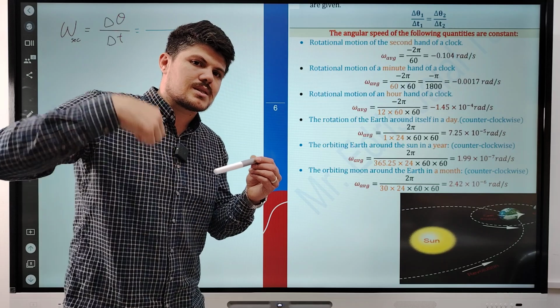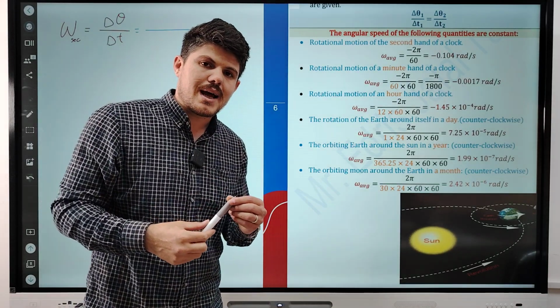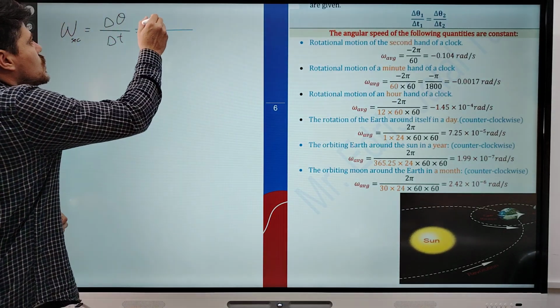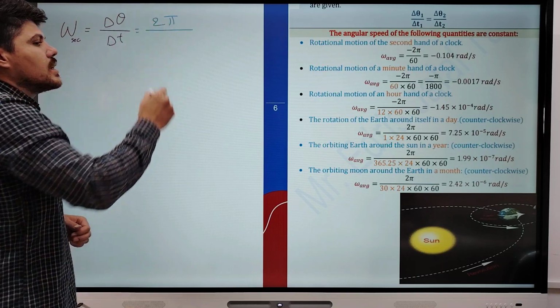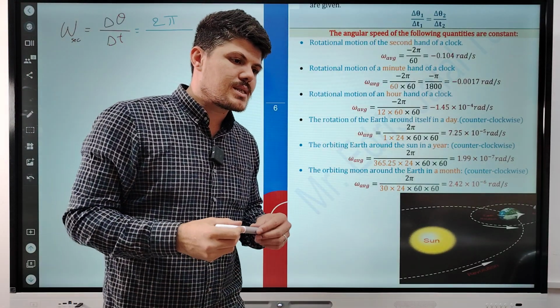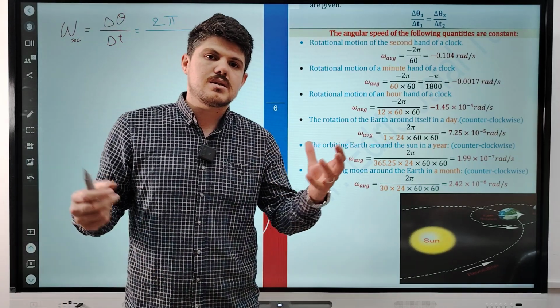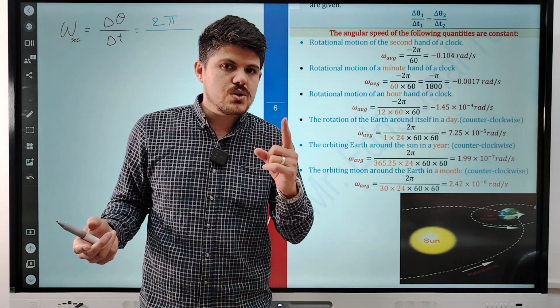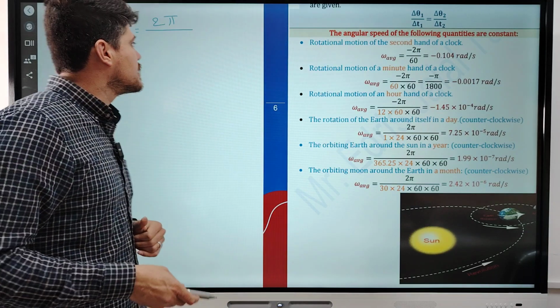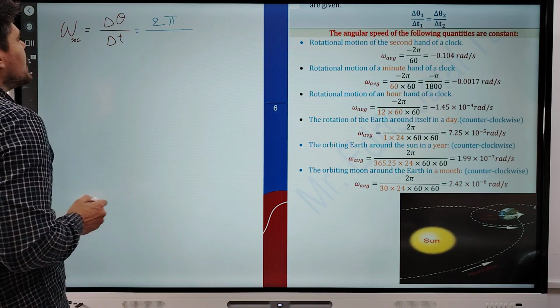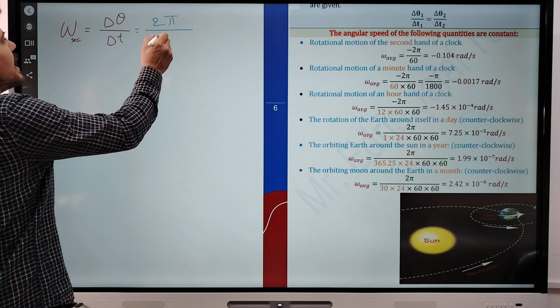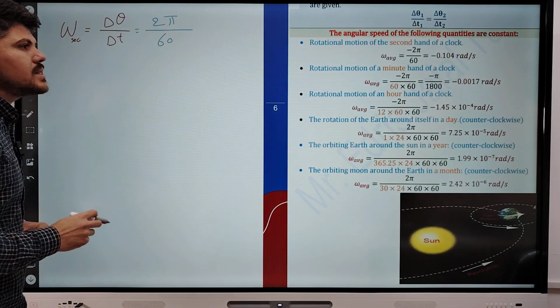For the second hand, we have 2 pi rad. One complete cycle has 360 degrees, 1 revolution, and 2 pi rad. For one complete cycle, the time for the second hand is 60 seconds.